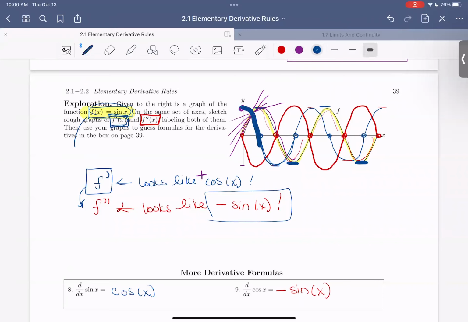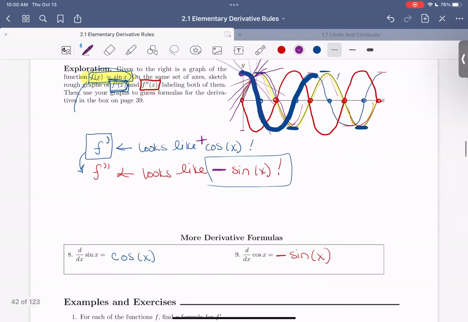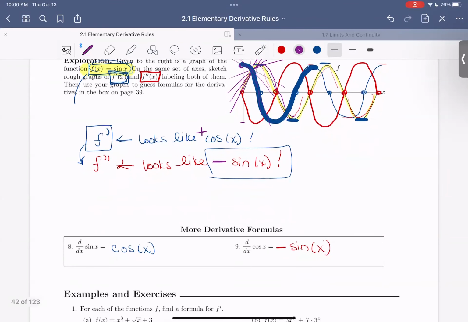So here's our cosine function. Starts at 1. What do the tangent lines do? Oh, they're negative. So the derivative of cosine is negative sine. So that's one way to help us remember. But again, the more problems you do, the more comfortable you'll be and the deeper understanding you'll have for these derivative formulas.